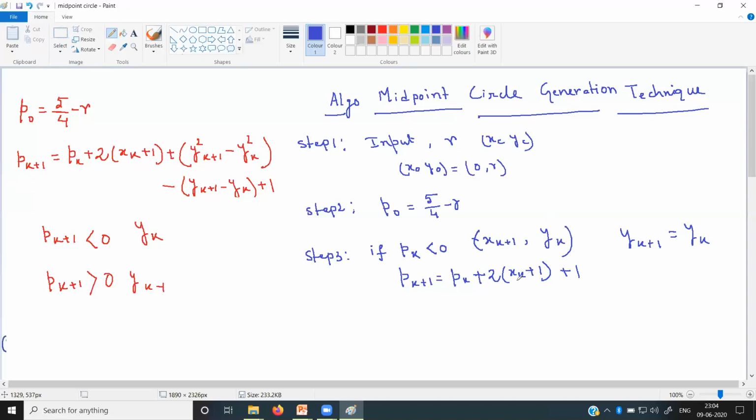Now xk plus 1 is nothing but xk plus 1, you can consider it like that. So this is how I can compute the decision parameter for the k plus 1 iteration.